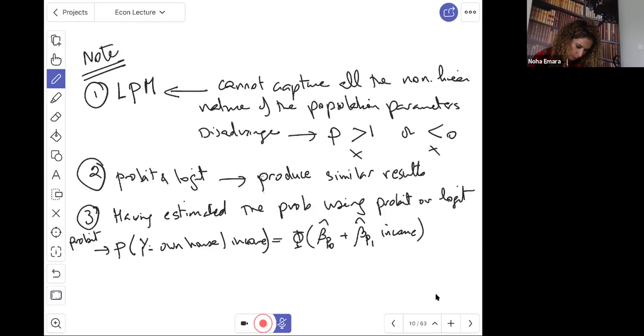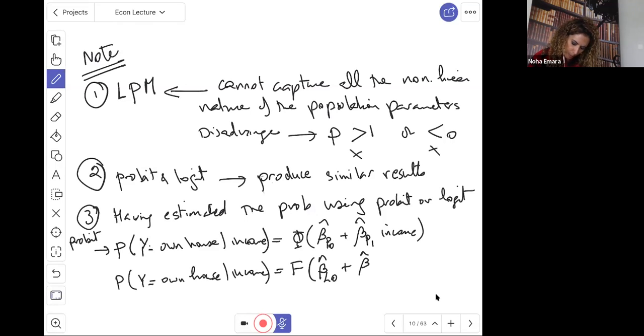For the logit, my probability of y own a house given income is equal to the logistic distribution, which has a notation of F, and the beta has L as a notation. This is all just a notation, right?